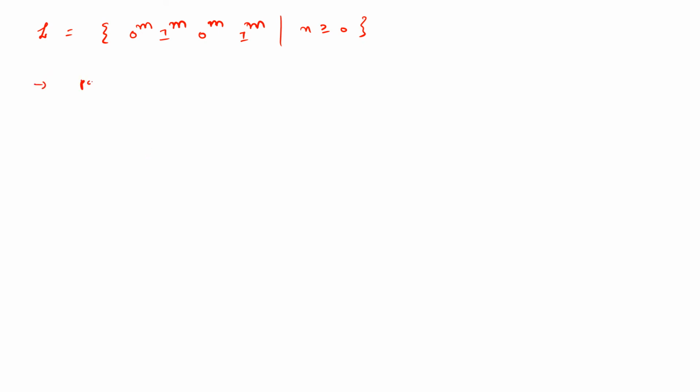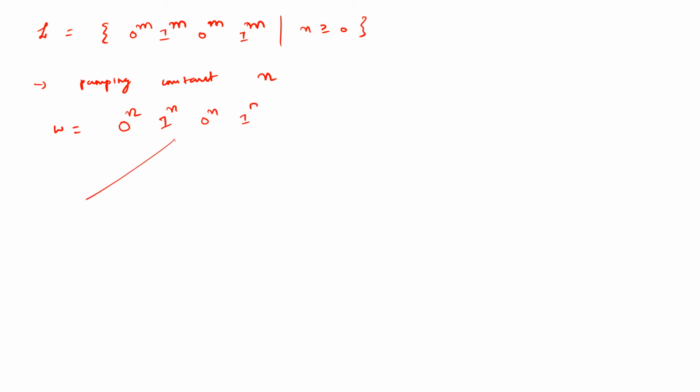Let's assume that you are given the pumping constant n. Now can you propose a string that you will take? We can take 0^n 1^n 0^n 1^n, correct.